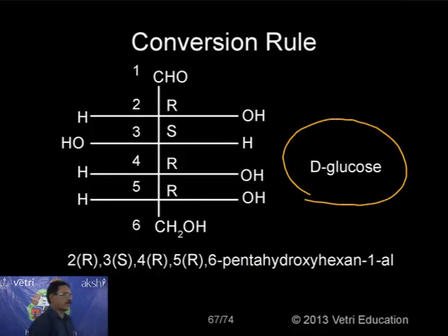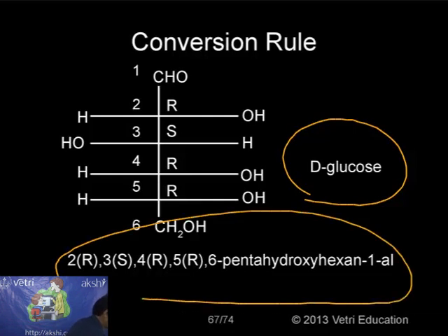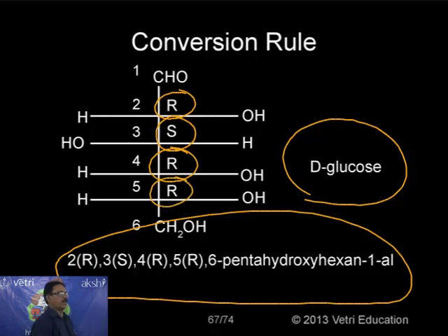D-glucose, which we have already come across, is an optically active compound containing 4 asymmetric centers. If you follow the same systematic way, glucose can be named by IUPAC name as follows. There are 4 asymmetric centers: the second carbon atom is assigned as R, the third carbon atom is assigned as S, the fourth carbon atom is assigned as R, and the fifth carbon atom is assigned following the same rule.